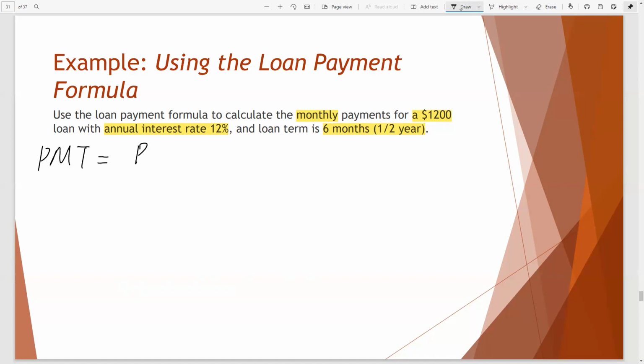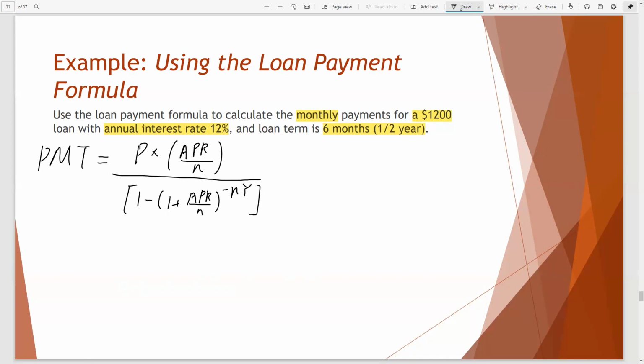That's principal multiplied by annual percentage rate over N, divided by 1 minus (1 plus APR over N) to the negative N times Y. That is our formula. It's very similar to what we had before.